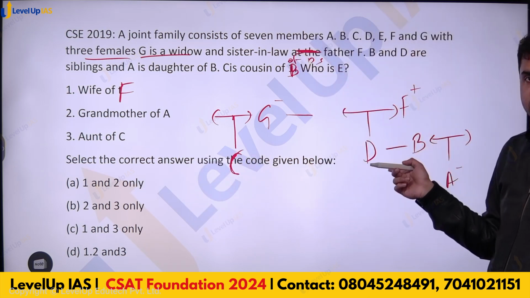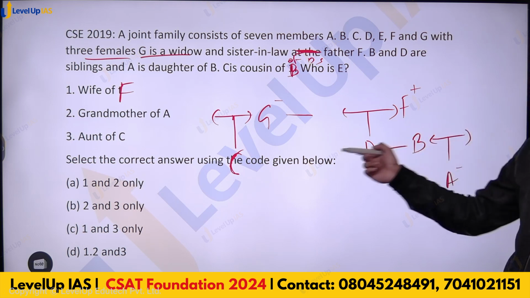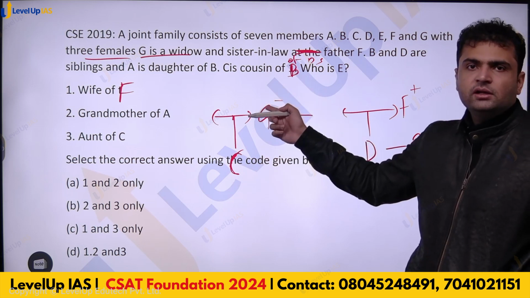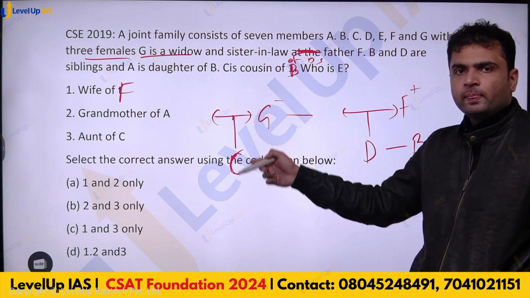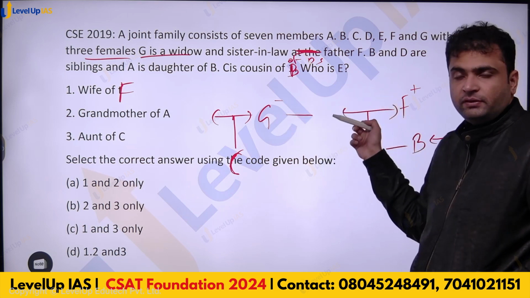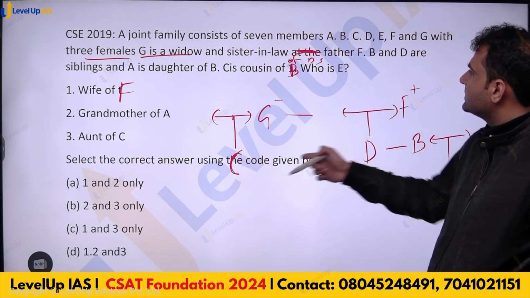Because these would be siblings. If C is anywhere in this generation, he or she would be sibling. But if that C is son or daughter of G, which is sister-in-law of their father F, then they would be cousins.